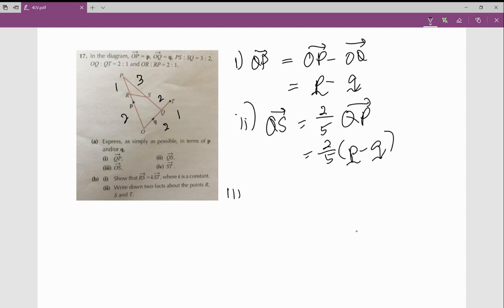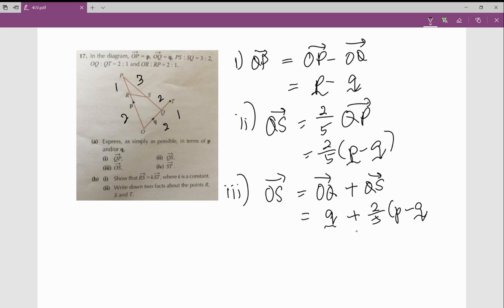Let me move on to part 3. Part 3 asks you to find OS. OS is equal to OQ plus QS. OQ is Q, and QS is 2/5 (P minus Q), which was found in the earlier part.